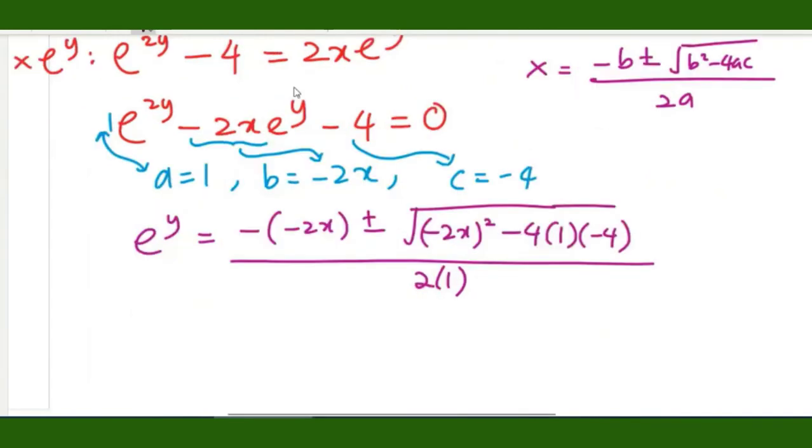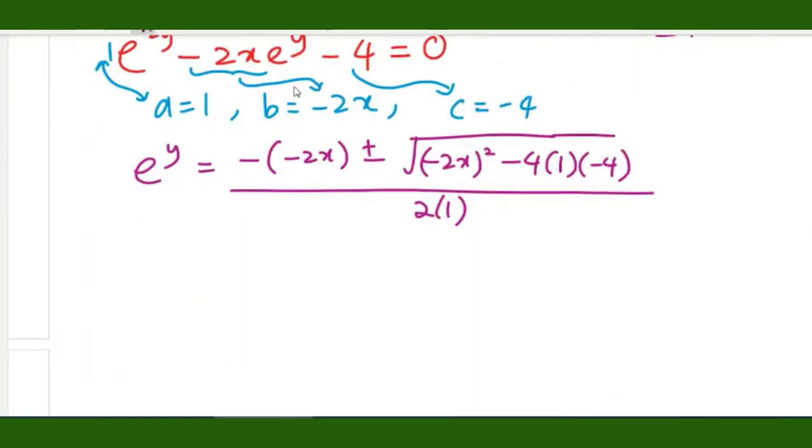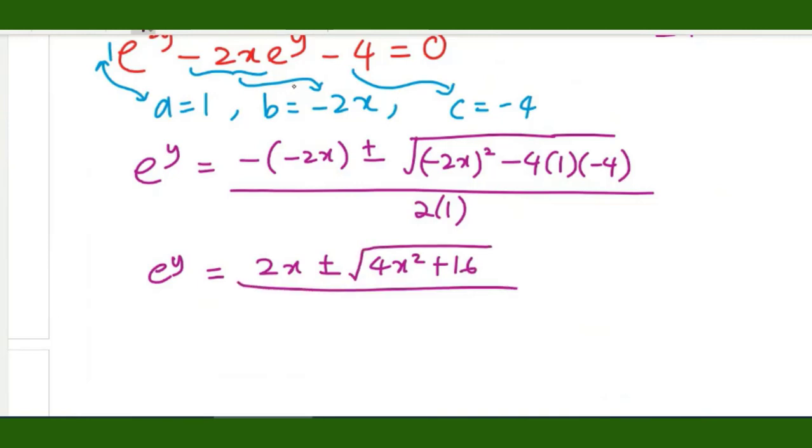Okay, simplifying this part here, we end up having 2x plus minus the root of 4x squared plus 16, over 2. And we could factor out. As for here, we could factor out the 2.